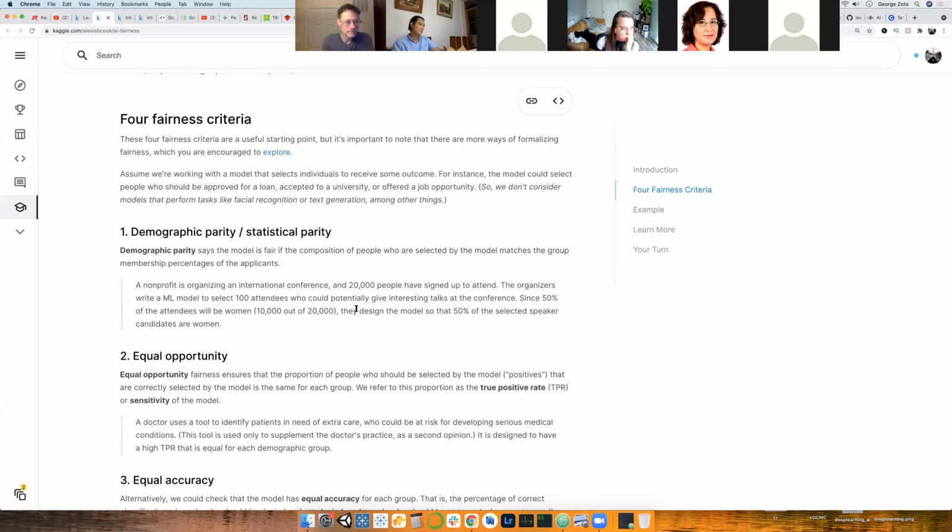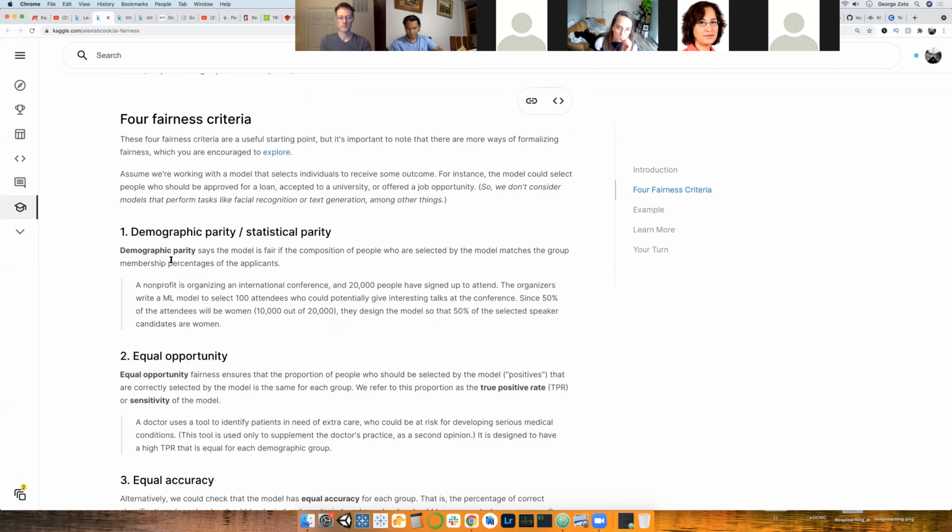One of the fairness criteria is what is called demographic parity or statistical parity, where basically you're looking at 2 different groups. Here is a specific example: a nonprofit is organizing an international conference, and 20,000 people have signed up to attend. The organizers want to pick a random 100 attendees to give a talk. We know that 50% of the attendees are men and 50% are women.